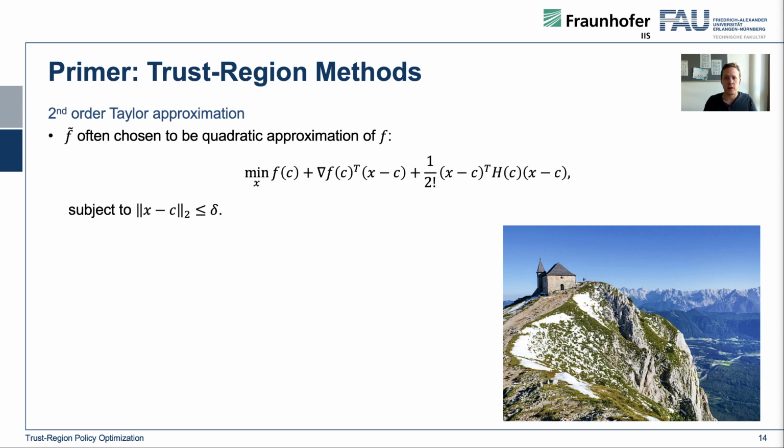Okay, if you follow the procedure like this, you have the second order information here and you make a locally linear second order approximation of your problem. Then you can minimize your objective function subject to your trust region constraints, meaning that you are at a certain point here. From here you select the best point that minimizes your local surrogate objective.